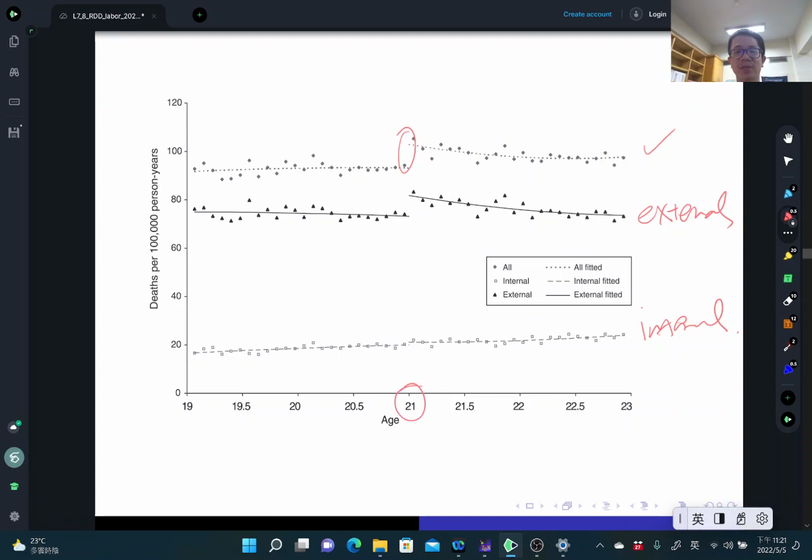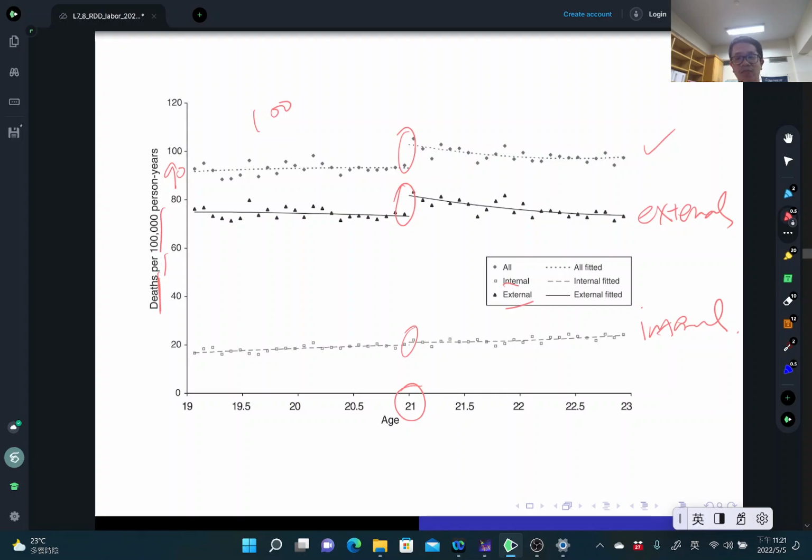Right after the 21st birthday, the mortality rate, the deaths per 100,000 persons, jumps from around 90 to 100, something like this. That's all driven by external causes rather than internal causes. The internal causes have basically no discontinuity at the cutoff, which is also consistent with their estimates.